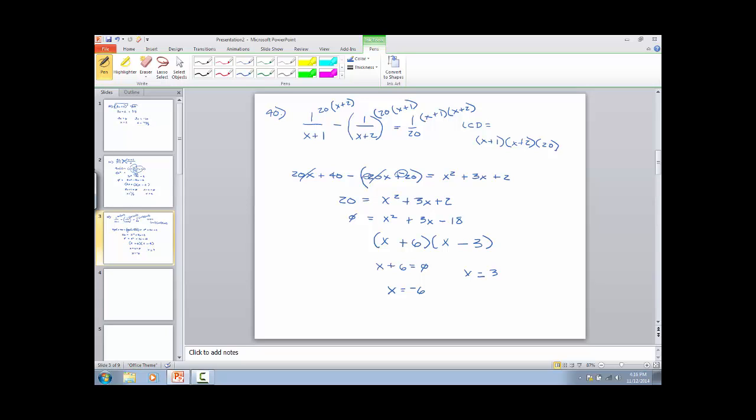Alright, so a little bit more complicated. We took what we did from the other section with adding and subtracting fractions and finding the least common denominator, and we got that down to the quadratic equation format where we could solve for x.